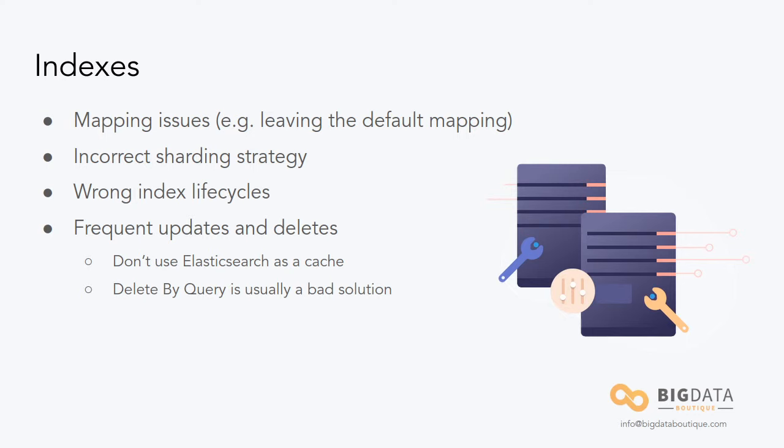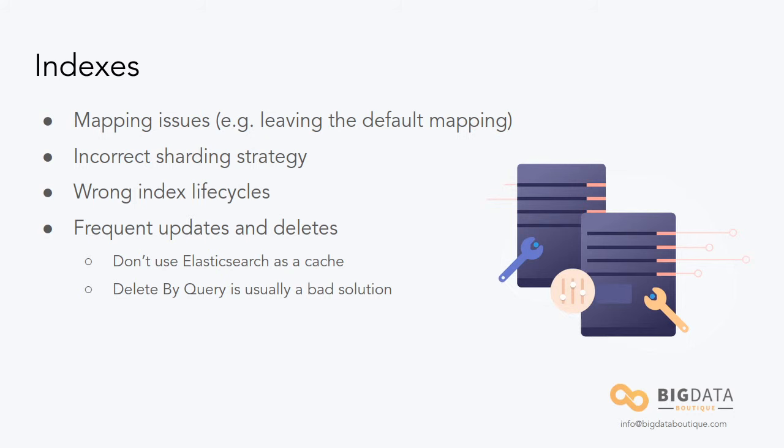For example, mapping issues. Since Elasticsearch is a so-called schemaless data store, meaning you don't have to define a mapping or a schema, Elasticsearch will define it for you. It makes things maybe a bit easy, but for every real deployment, every real use case, you really do want to define the schema yourself up front, like you do with non-schemaless databases.